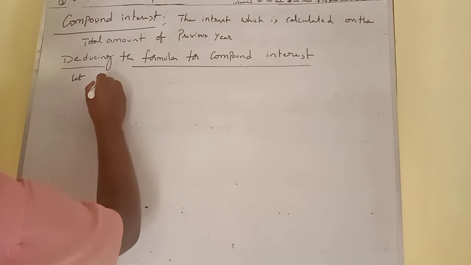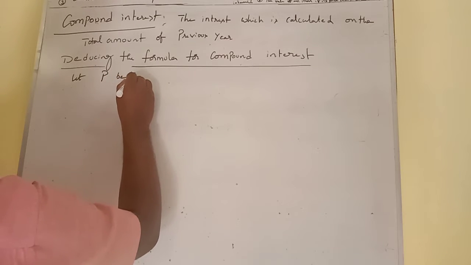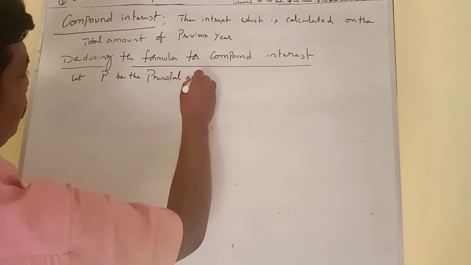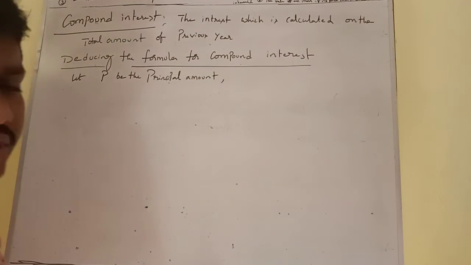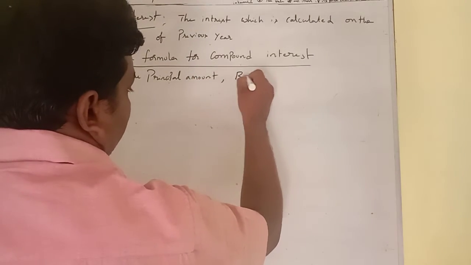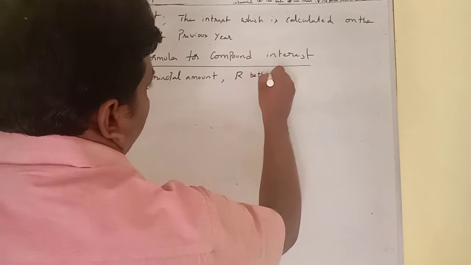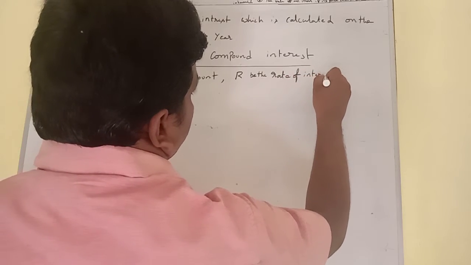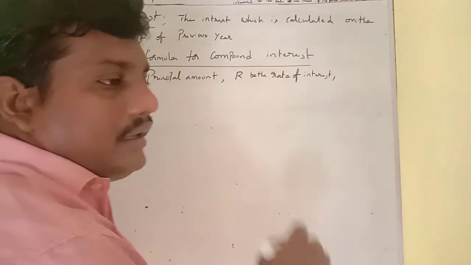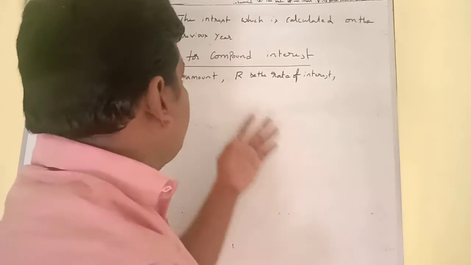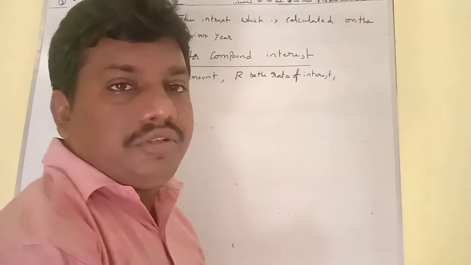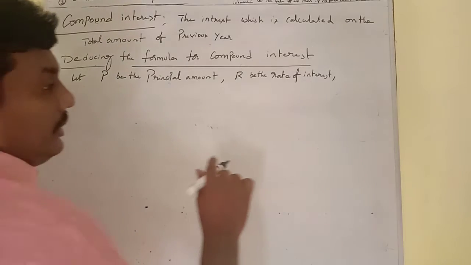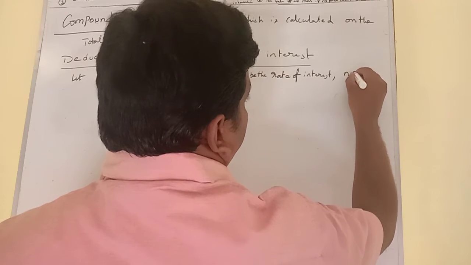Let P be the principal amount, R be the rate of interest, and T be the time period. Here in this formula T becomes N. This is the conversion period, so N is the number of time periods.